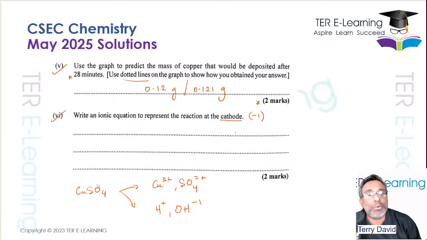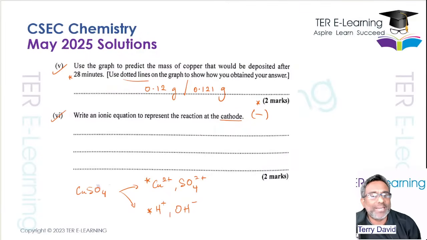But in terms of what's happening at the cathode, which is the negative electrode, positive ions are going to migrate towards it. So these ions here, Cu2+ and H+, are going to migrate towards the cathode.